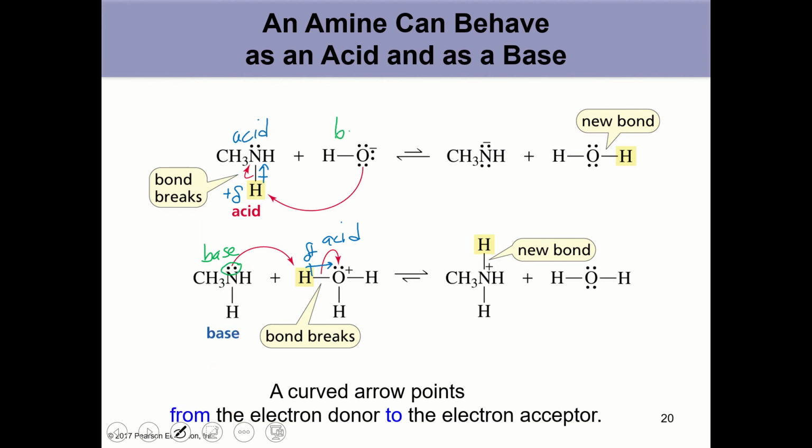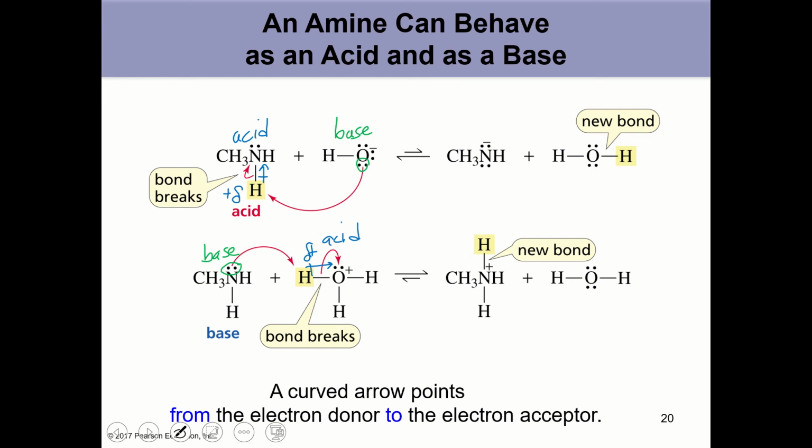And then the hydroxide is the base. It has both a negative charge and a lone pair. So when the amine acts as an acid, the hydroxide base donates a pair of electrons to make a bond to the acidic hydrogen.